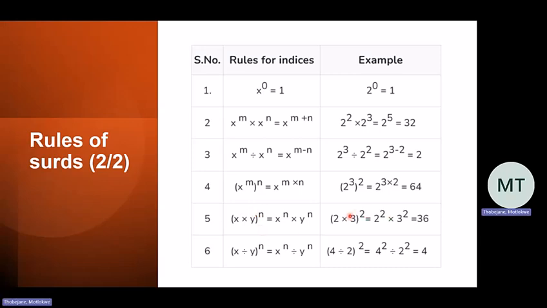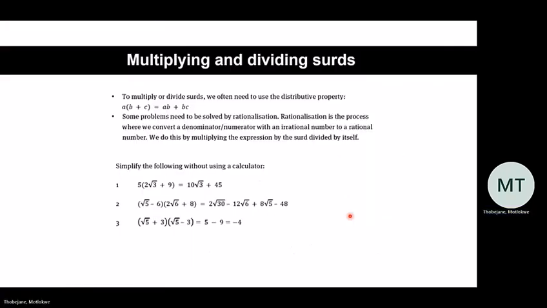You will see here. And multiplying, dividing of such, you will find this. To multiply or divide such, you often need to use the distributive properties. A times B plus C is equal to AB plus AC.